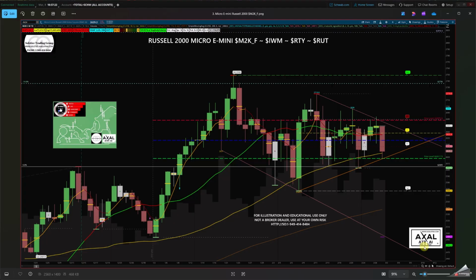So what happened here, we were in a linear regression downtrend channel on the small cap, which is the IWM, or you can use the RTY or the micro 2K, and I showed that we were in a downtrend and at the same time we were in a symmetrical triangle and we were testing the 50 simple moving average on that chart. From there, we were in that consolidation for a while in the Russell, holding up a little bit better, but we were creating lower highs from here and higher highs from the higher lows from the bottom. And eventually the Russell gave up a little bit.